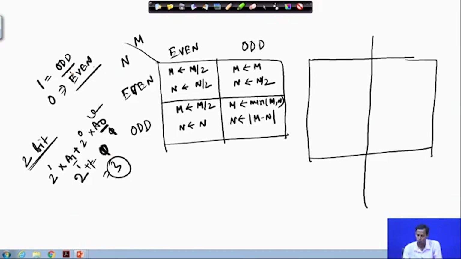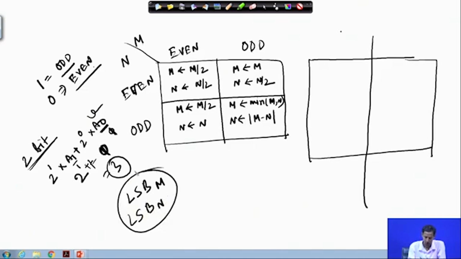So, for that reason, if I consider only the LSB of m and the LSB of n for calculating these even and odd values, the LSB of m and LSB of n will be the control signal for what operation I need at what point of time.